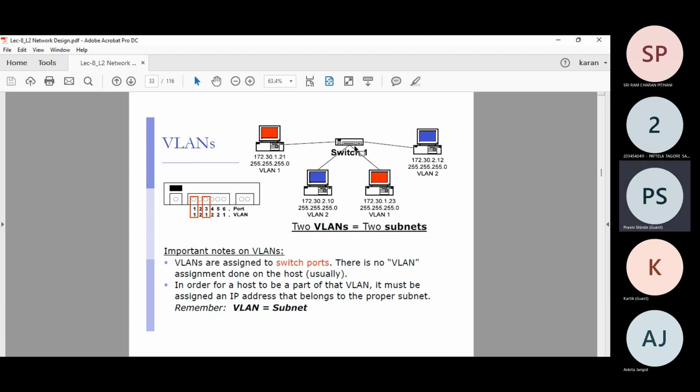And with VLAN 2, there is a different IP address: 172.30.2.x. So we used a different subnet for VLAN 2. Okay, so we can't use the same subnet IP addresses on another VLAN.